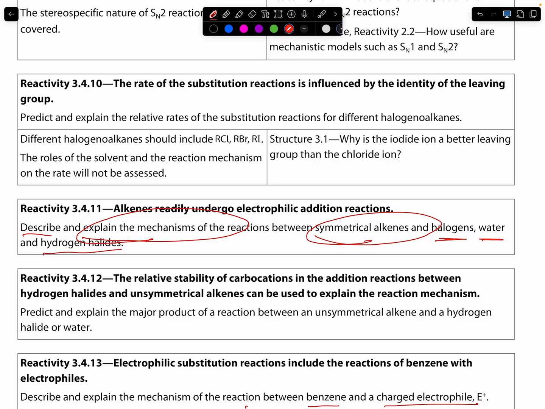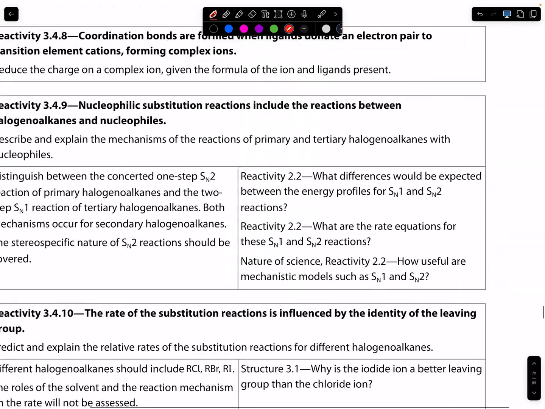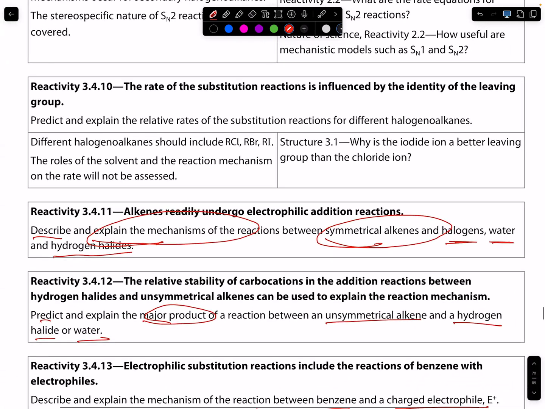You need to be able to draw mechanisms for this. Then you need to be able to predict and explain who is the majority product if there is a reaction between an unsymmetrical alkene and a hydrogen halide with water. So these are the two things that you all need to know. Clear guys? For this chapter.